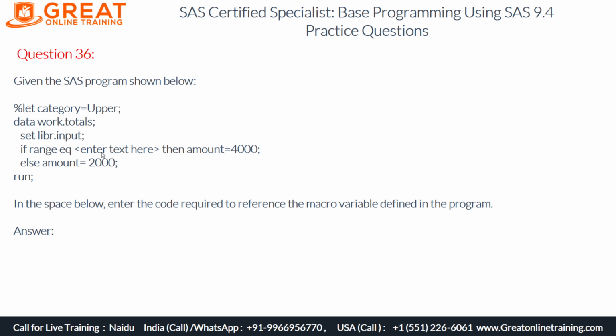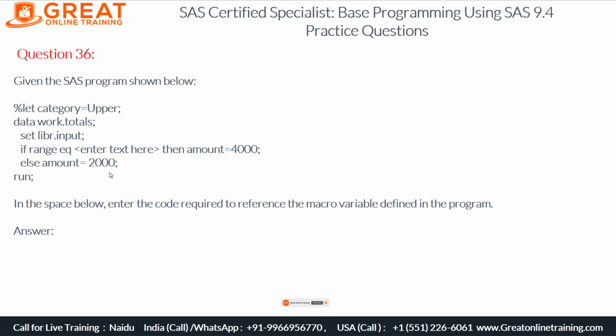But here we have created the macro variable as category equals upper, so we have to keep it as category. But if we write if range equals category, then amount equals 4000, else amount equals 2000, that is absolutely wrong, because when we are representing the macro variable in the data step or in the proc step, we have to indicate it with the ampersand symbol. So we have to keep it as ampersand category.